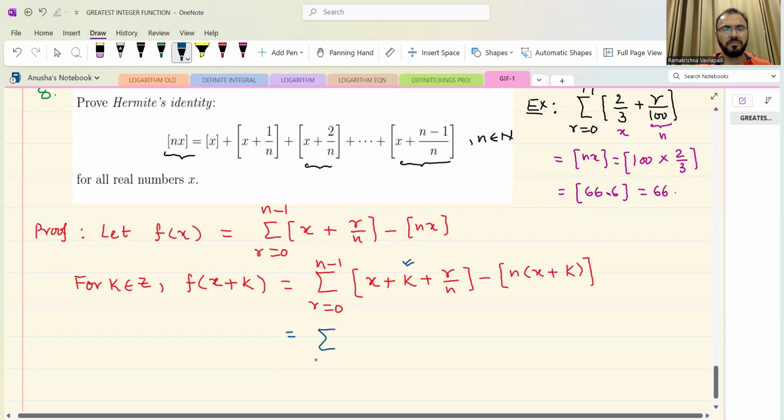Sigma r equal to 0 to n minus 1 of the integral part of x plus r by n, plus k, keeping in bracket.